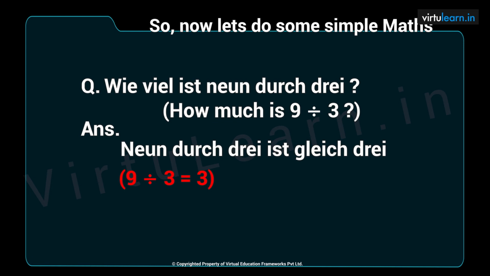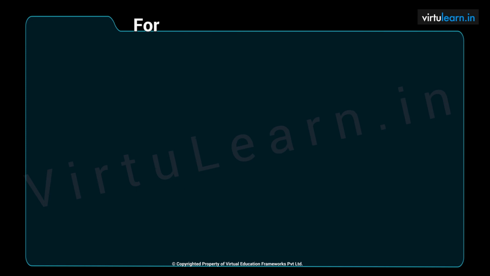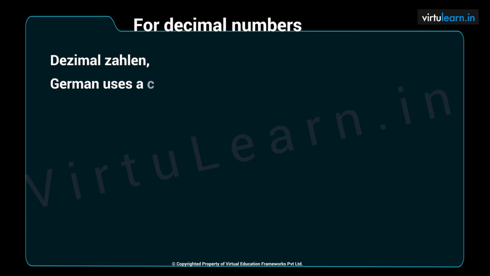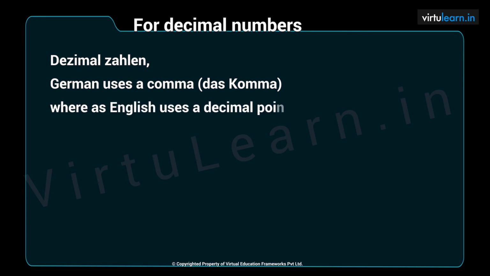So let's go ahead. For decimal numbers, called Dezimalzahlen, German uses a comma, whereas English uses a decimal point. For example, in English, we say 0.222.